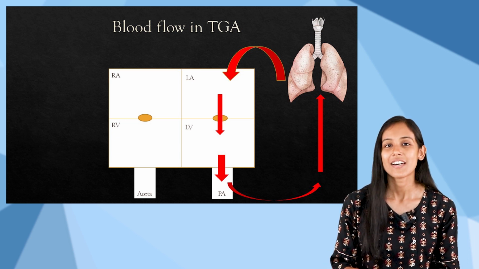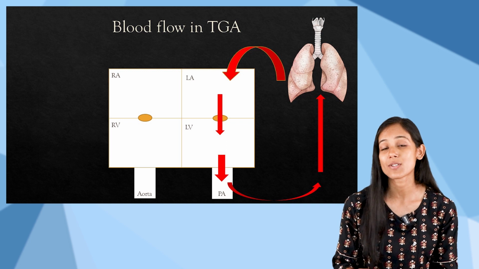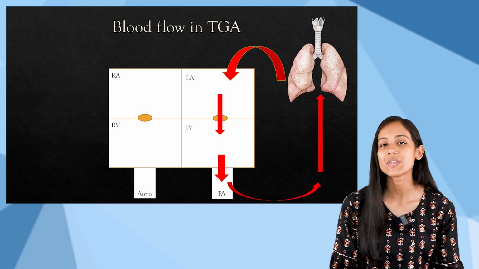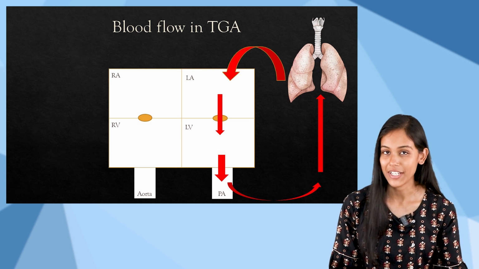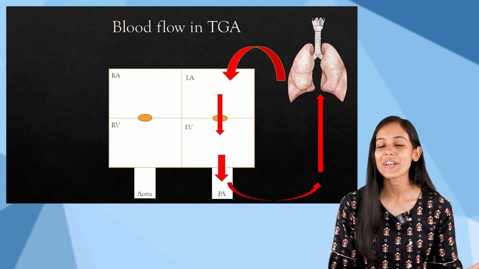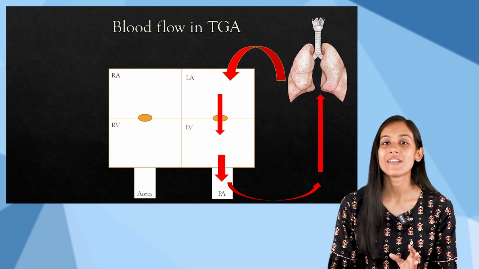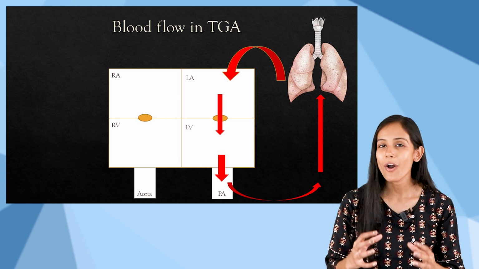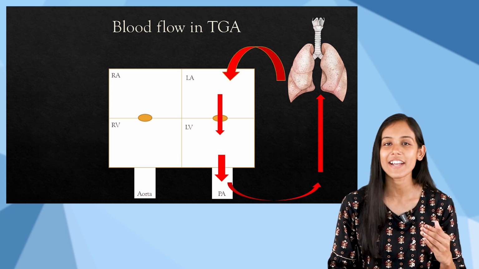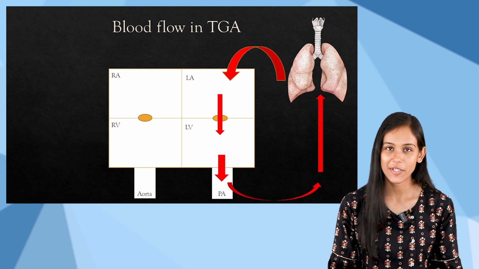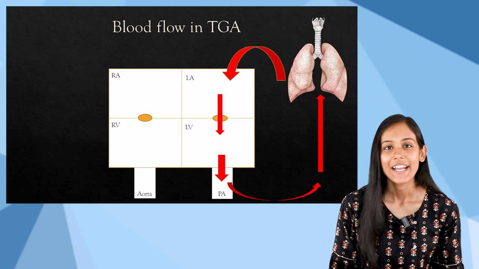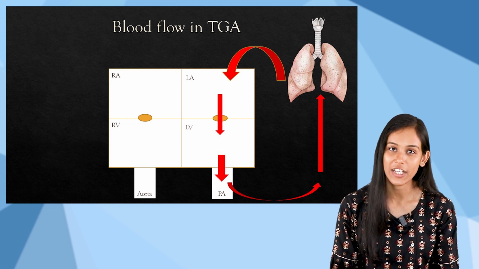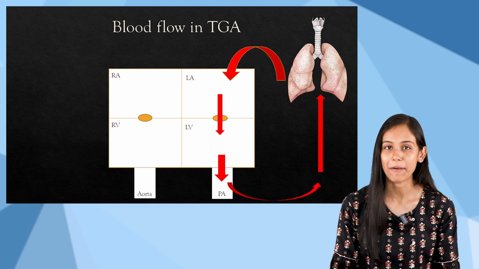Because here, the left ventricle would push this oxygenated blood through the aortic valve to the pulmonary artery, because the pulmonary artery is connected to the left ventricle here. So the oxygenated blood never enters the systemic circulation, and also the deoxygenated blood never enters the pulmonary circulation. So that's what is happening here.